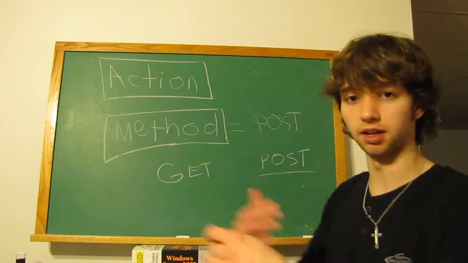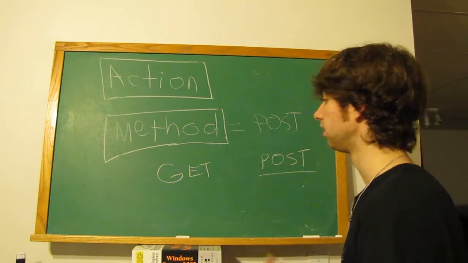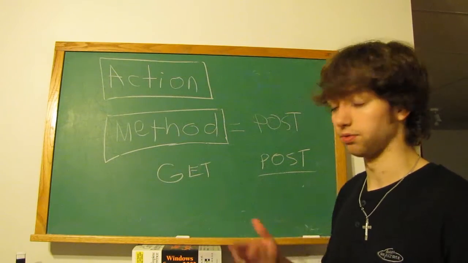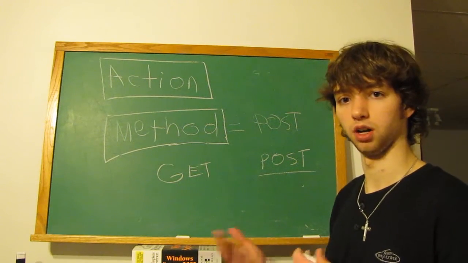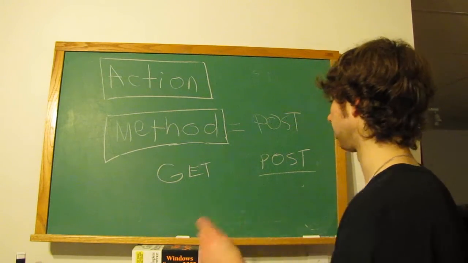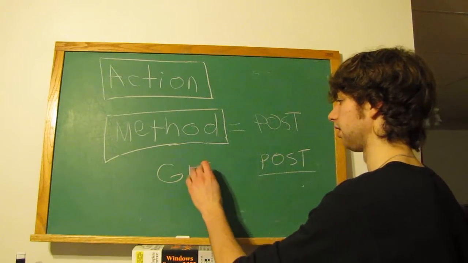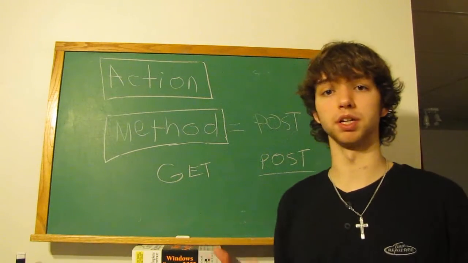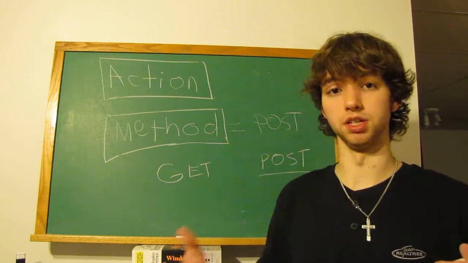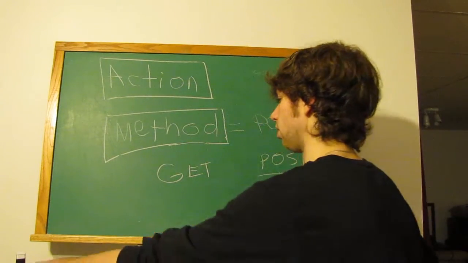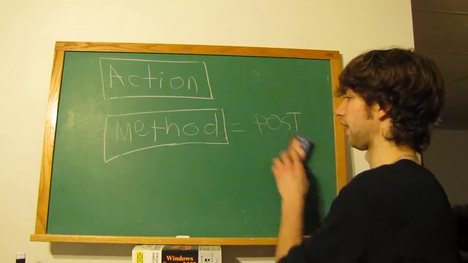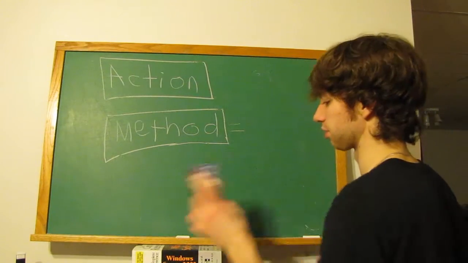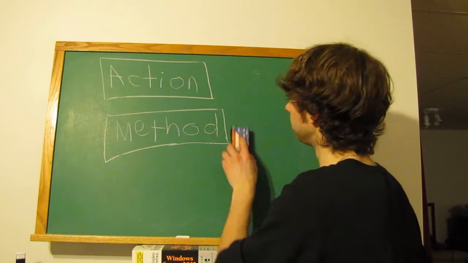Just think getting information from something. So as we go on, think that we have post and that we have get. And in our upcoming video, we'll be explaining what these do. So that's all I'm really going to get into that for this video. But be sure to check out my upcoming ones.